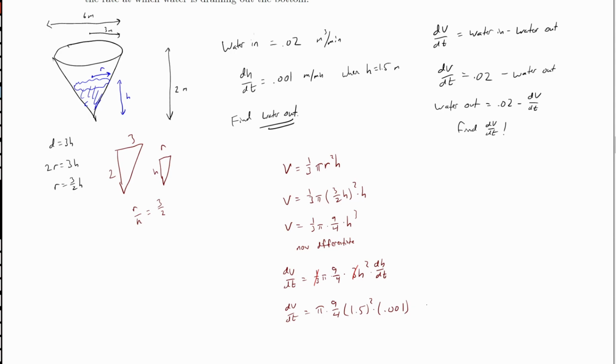So this works out to 0.0159. That's dV/dt, so I can plug that in here. So the water out is 0.02 minus 0.0159. I get 0.0041.